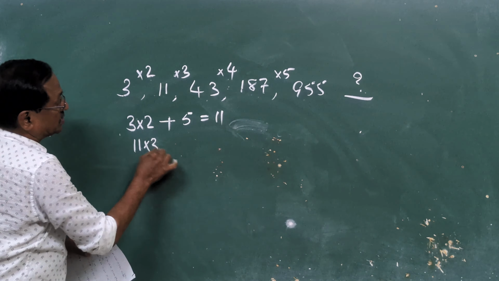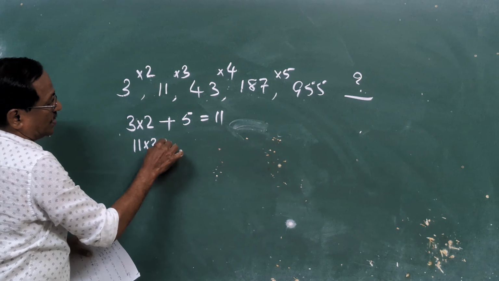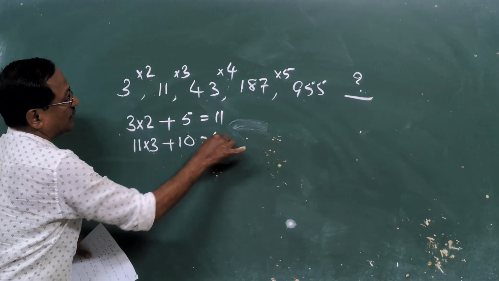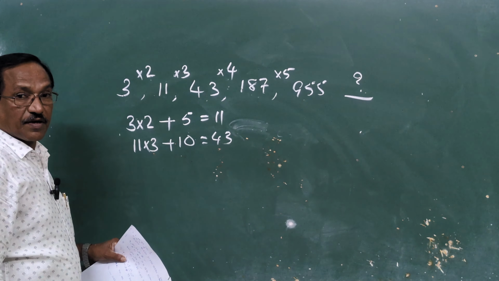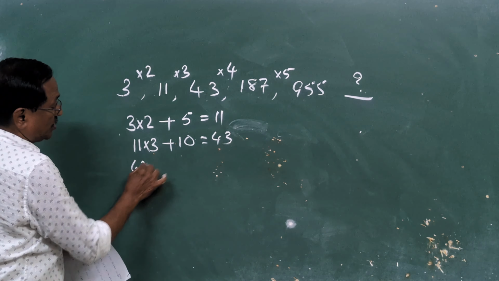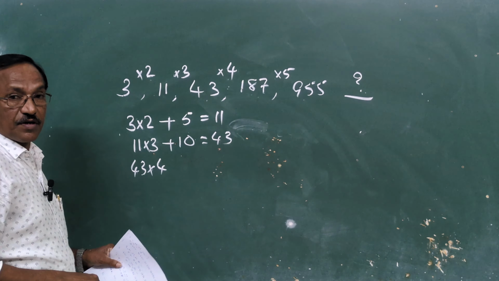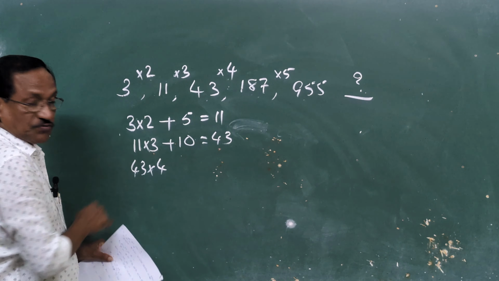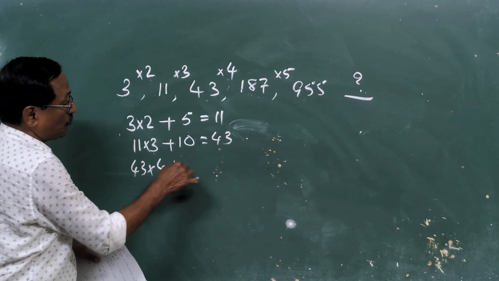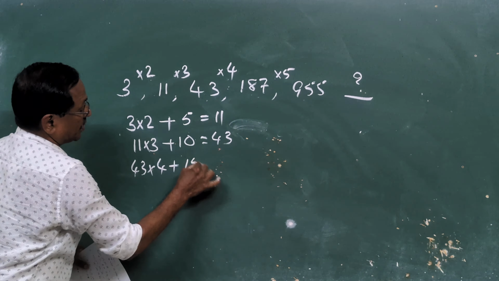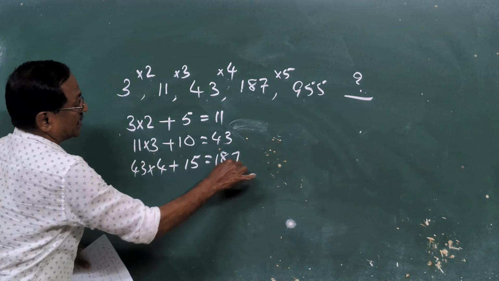Again, 11 times 3, 33. 33 plus 10, you will get 43. Again, 43 times 4 is 172. 172 plus 15, you will get 187.